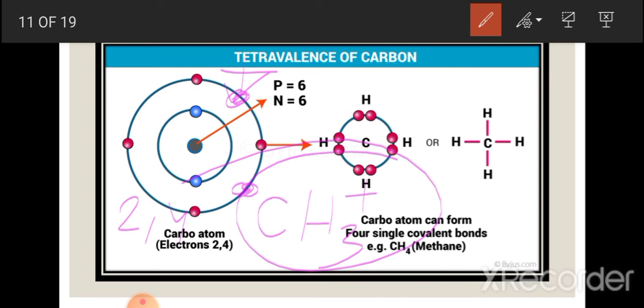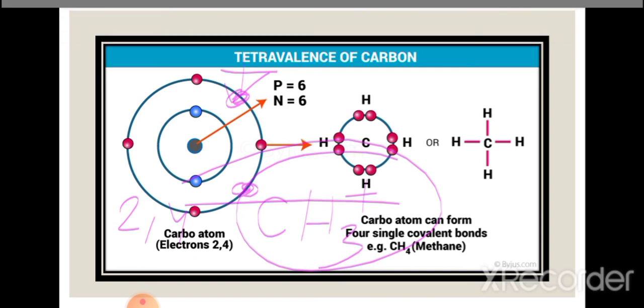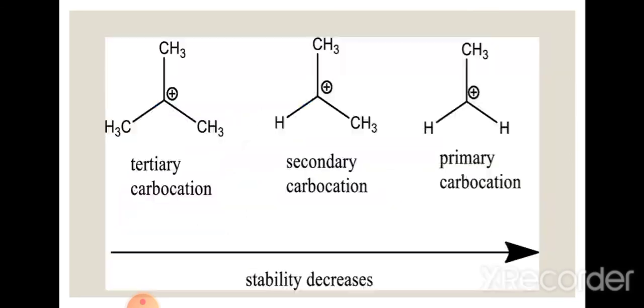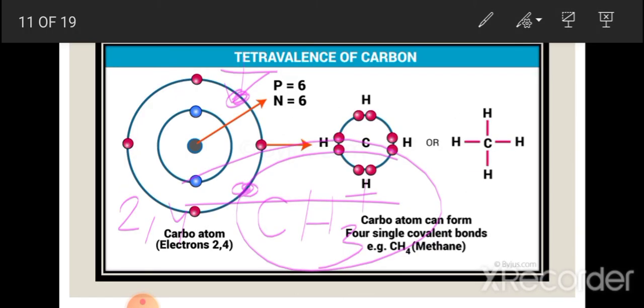It is formed by the heterolytic cleavage of a polar covalent bond. This we have to remember. Carbocations are formed by the heterolytic cleavage of a polar covalent bond. What is happening in this? The shared pair of electrons goes to the more electronegative element.